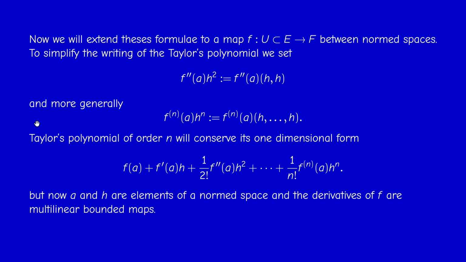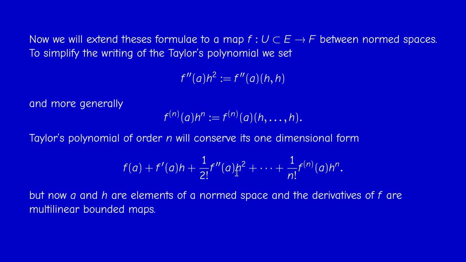And in this case, Taylor's polynomial of order n will conserve its one-dimensional form that we discussed. But here now, as we know, f(a) is a vector, an element in F. f'(a) is a linear bounded map from E into F, so its value at h is an element in F. f''(a) is a bilinear symmetric map from E times E into F, so it needs two arguments.